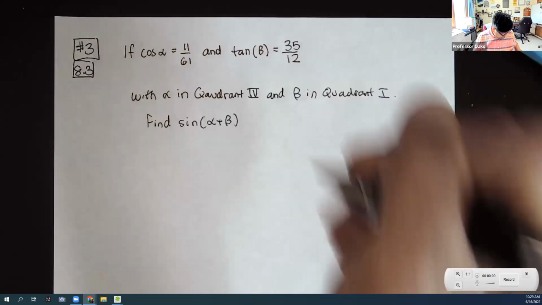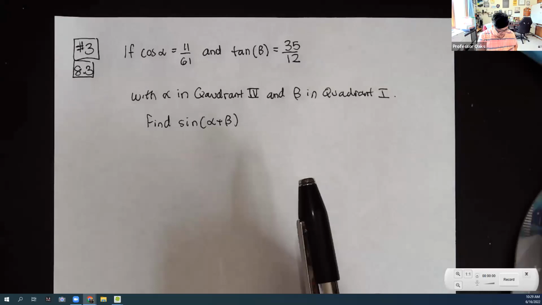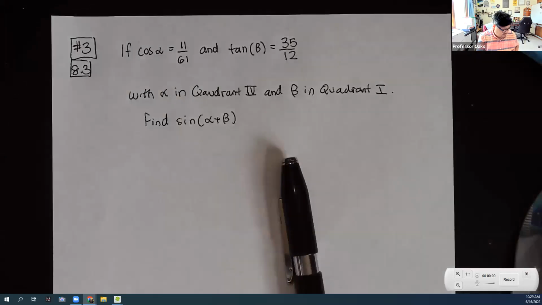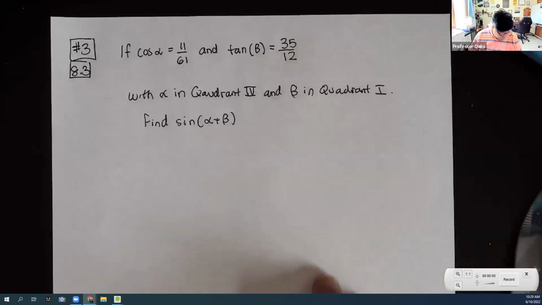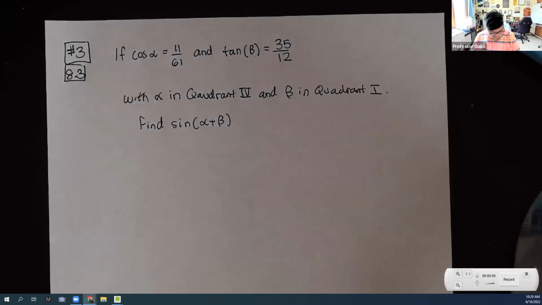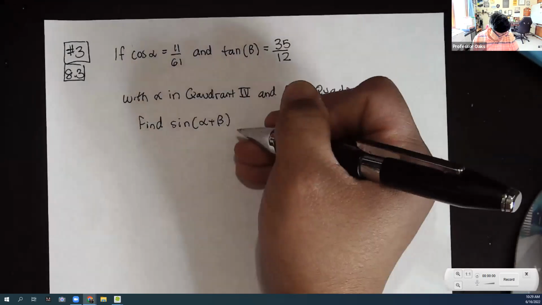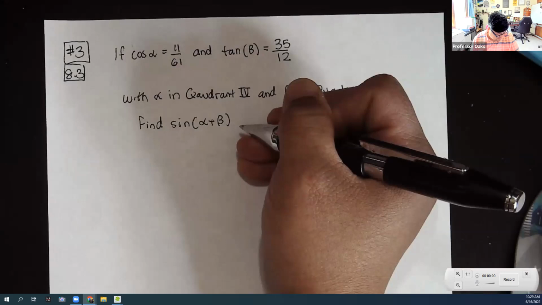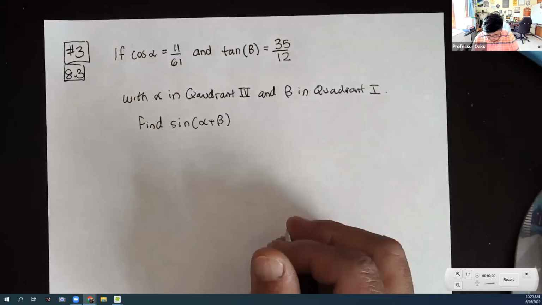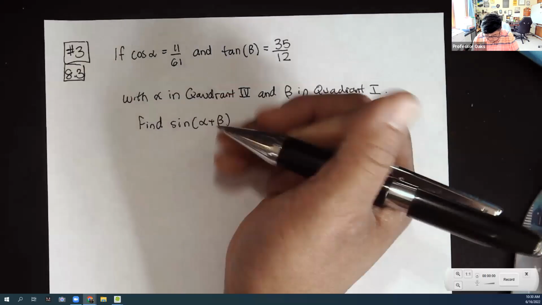All right, so for this one, this is actually a bit different as well. They're all similar, but at the same time a little bit different. What I want you to notice is that if I'm given a problem like this, I would always write out the formula that you need to use.